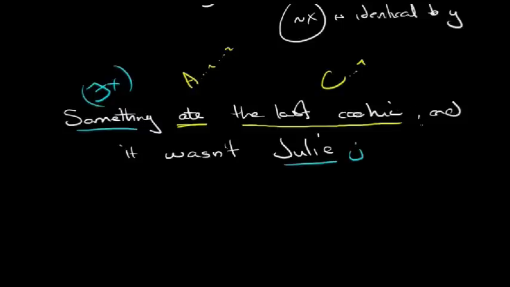Obviously, I'm just doing this quickly. In your exam, make sure you write out a key properly, so you write out every single one of these. So j is Julie. You do each of these keys for the predicates properly. Oh, and sorry, we've got this connective. We know that we've got an and there.